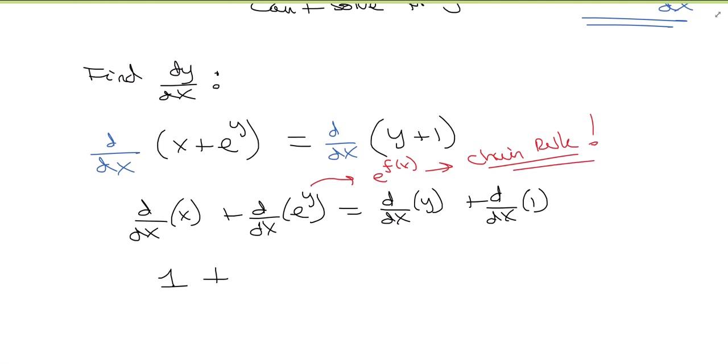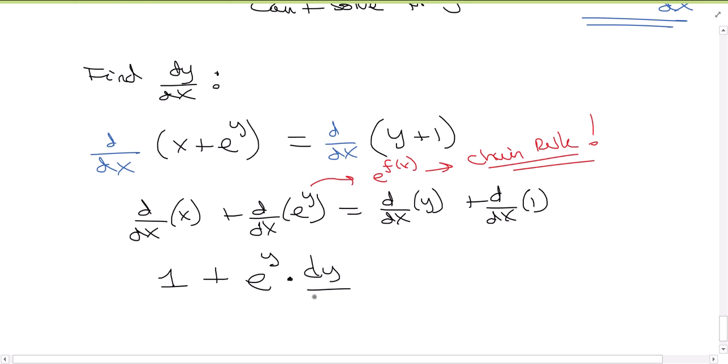So then this becomes the derivative of e to the stuff, which is e to the stuff. So I'll get my e to the y back times the derivative of the stuff. So the derivative of y with respect to x equals the derivative of y with respect to x, and the derivative of a constant with respect to any variable, that's just 0.